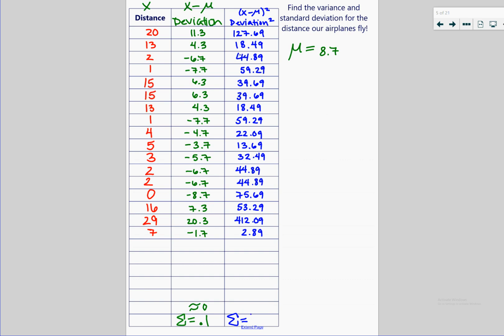Okay, I got, and somebody maybe confirm this for me because there's a lot of numbers here that we could easily mess up, 1,039.53 was my total.